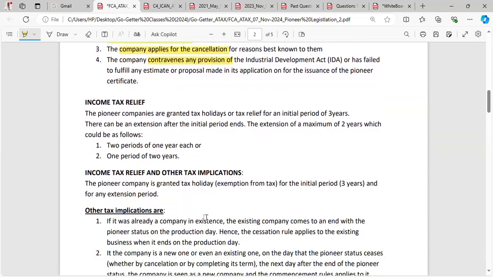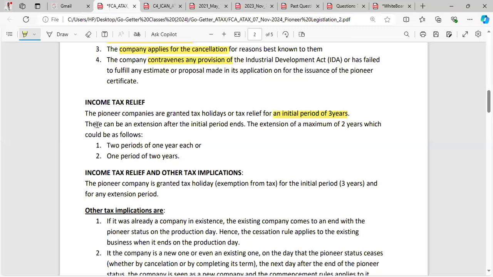All right, let's look at the income tax relief. We said before that a pioneer company enjoys tax holidays for 36 full months, which we call an initial period of 3 years.